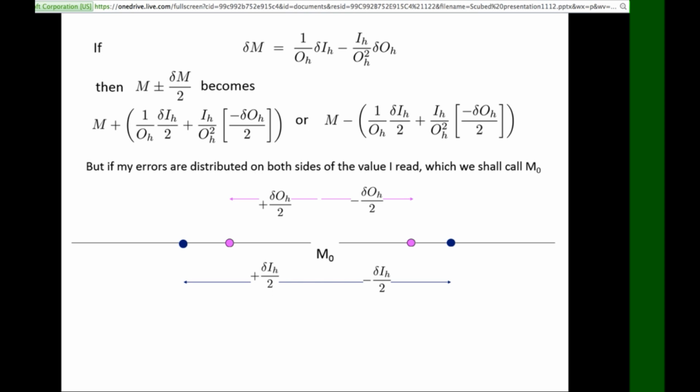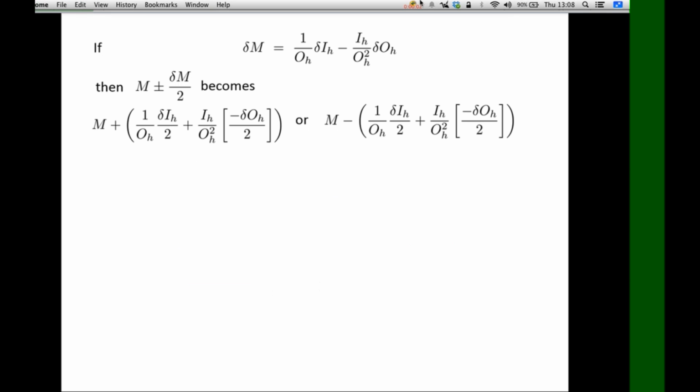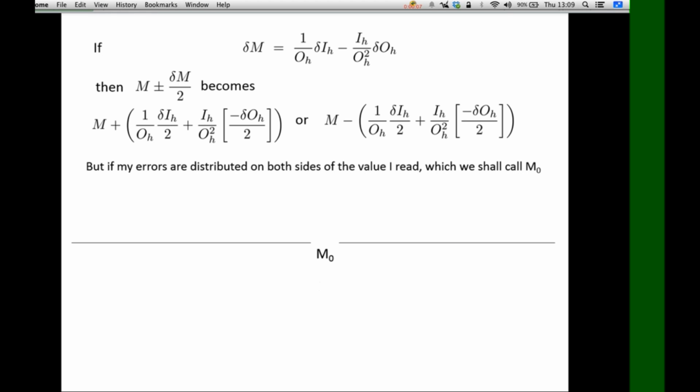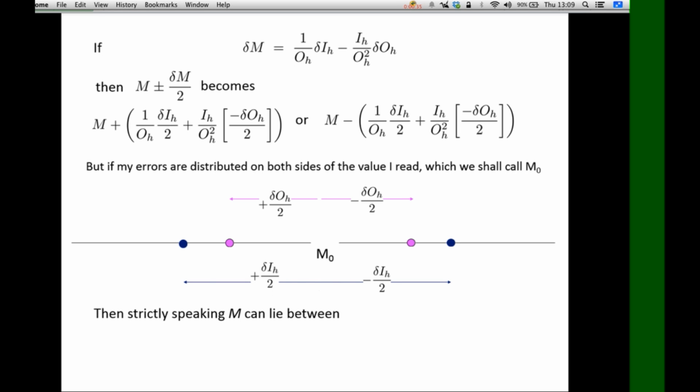So we would expect that these errors would add up. So there's m0 over there, and the error, the uncertainty, is divided plus delta OH on 2 in front of m0 minus delta OH on 2 after m0, and the same goes for the image height, plus delta IH on 2 in front and minus delta IH on 2.